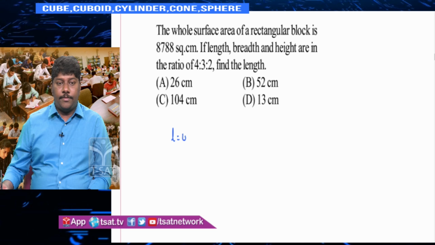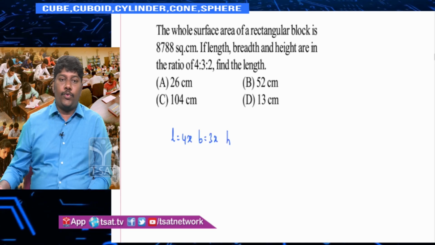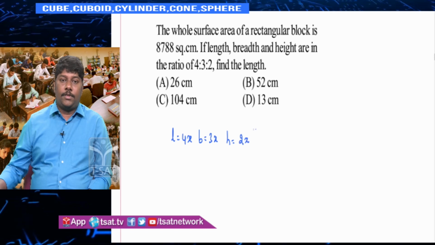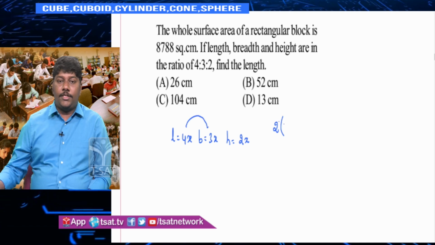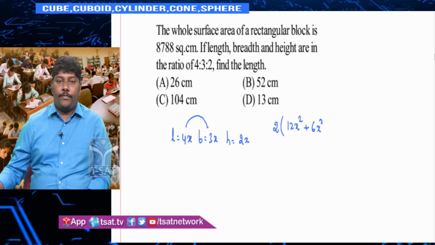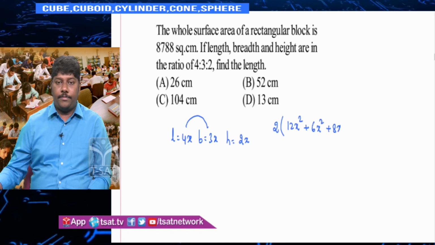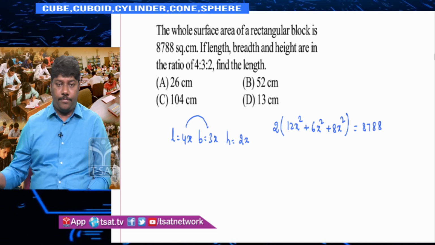Length is 4x, breadth is 3x, height is 2x. Surface area becomes 2 into 4 3 is a 12x square, 3 2 is a 6x square, 4 2 is a 8x square is equals to 8788.